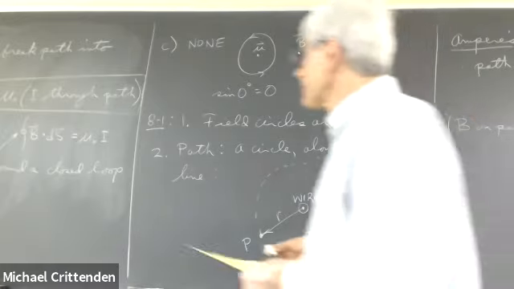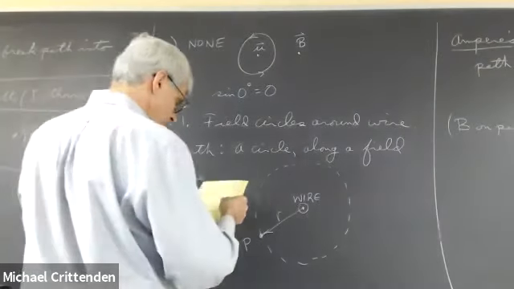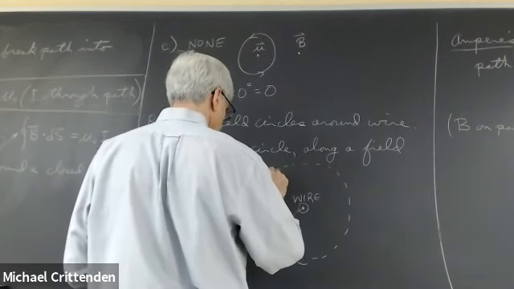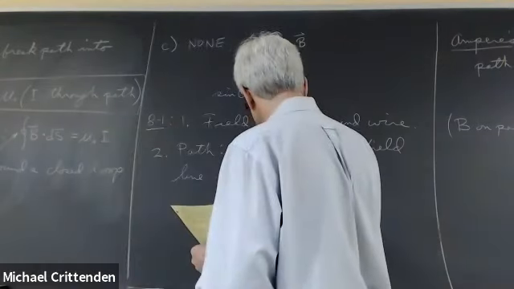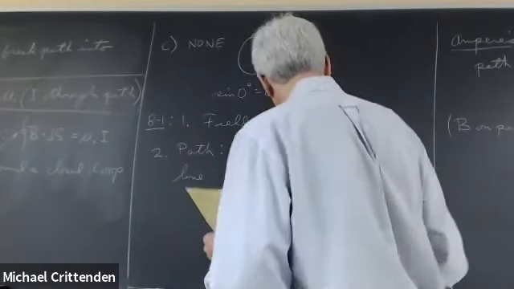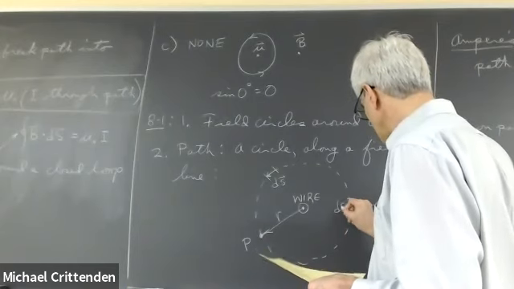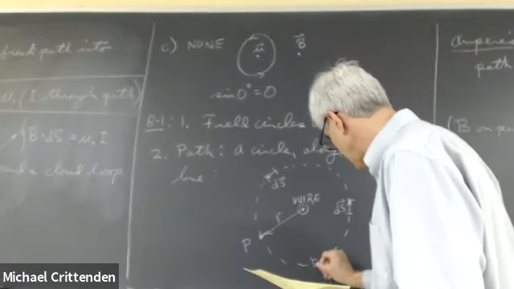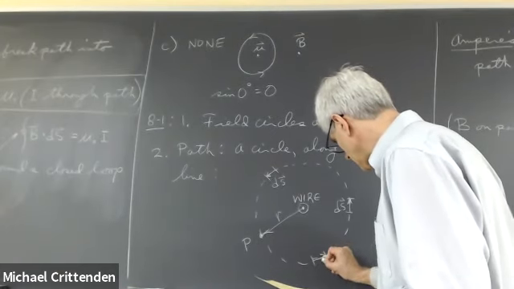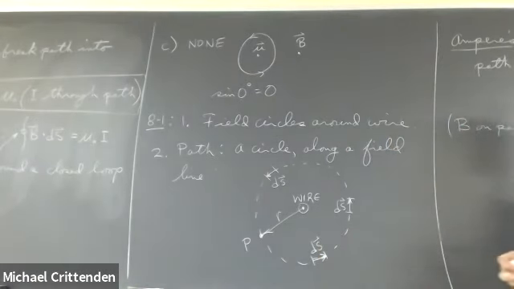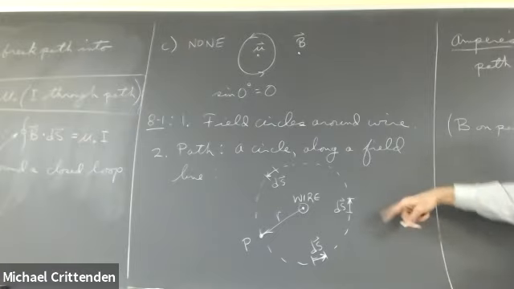Well, if you divide this path into small pieces, such as this one, or it could be somewhere else, like over here, or even over here, anywhere along that path, the direction of the field is parallel to that small displacement vector.